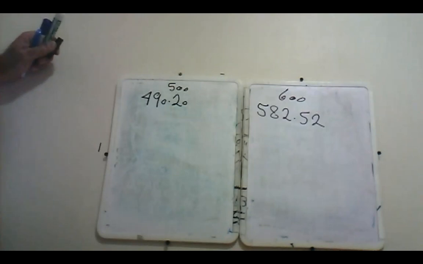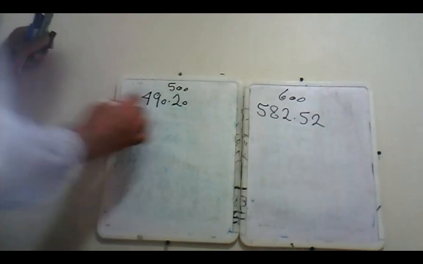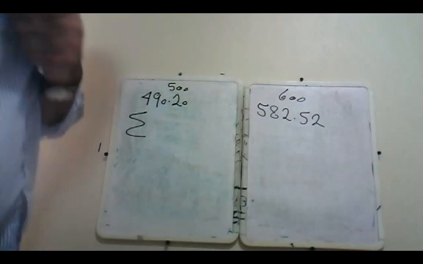This was for the $500 and this was for the $600. Okay. Now what we will do is bring the total of what I have to pay now if I didn't wait till these maturity dates. If you didn't wait for 4 months and 6 months, what I should pay just now.